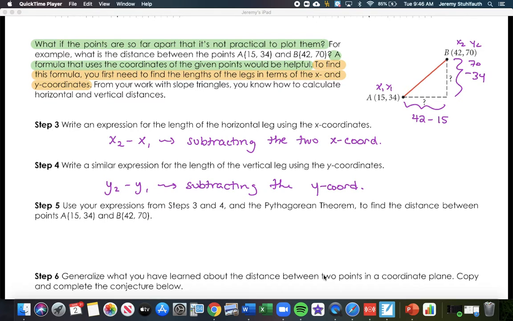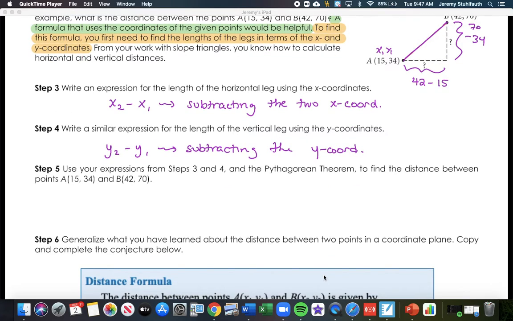So if we wanted to use our expressions from steps 3 and 4 in the Pythagorean theorem to find the distance between points A and B, (15, 34) and (42, 70), what we might see is that the distance AB squared is equal to the horizontal distance squared, which would be x2 minus x1.